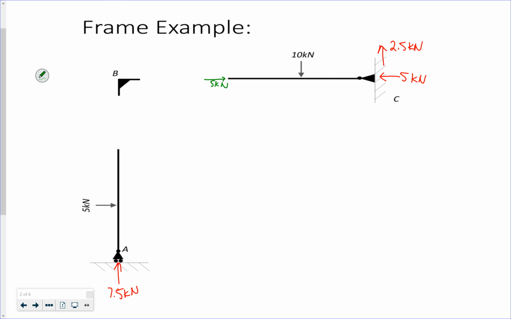And then if I do the sum of the forces in the y direction, I need to have a shear right at B. This would be the shear right at B, of 10 minus 2.5, so 7.5 kilonewtons.